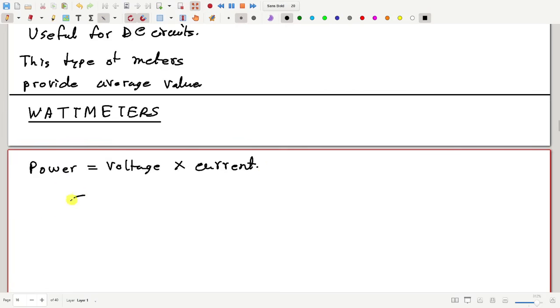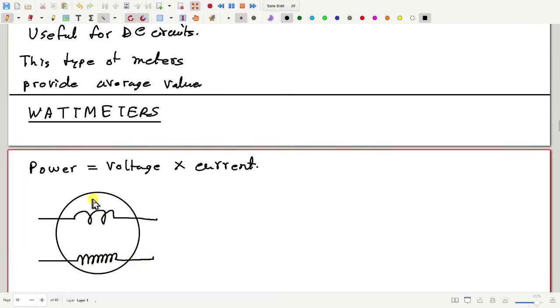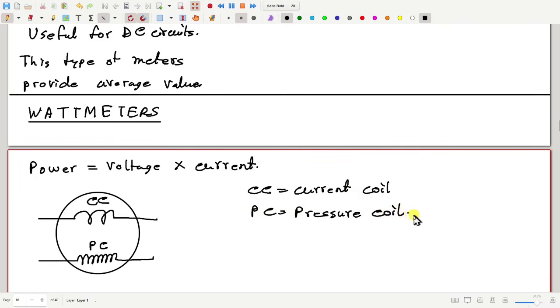A wattmeter basically has two coils inside. One is called the current coil, another is called the pressure coil. CC for current coil is for measuring current, and PC for pressure coil, which you can also call the potential coil, is for measuring voltage.